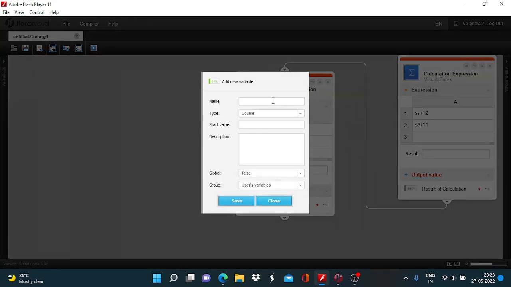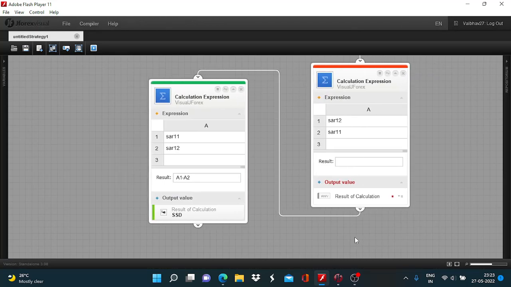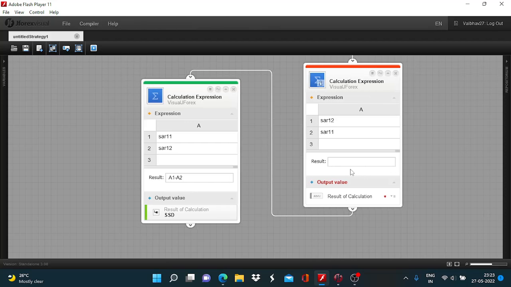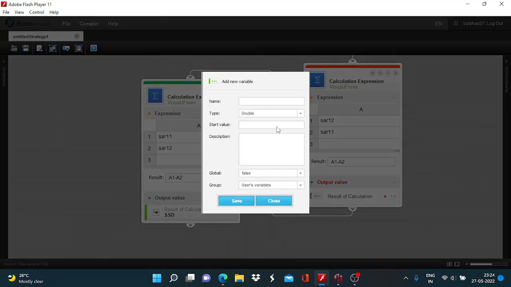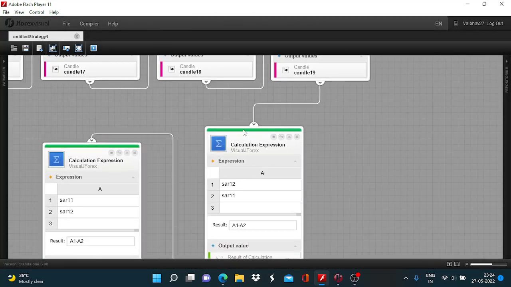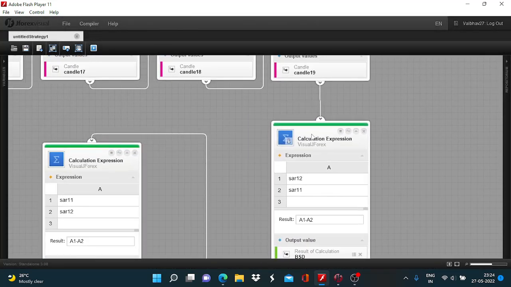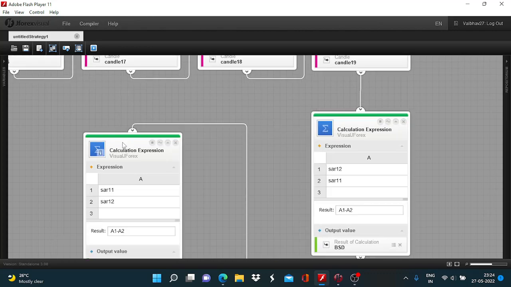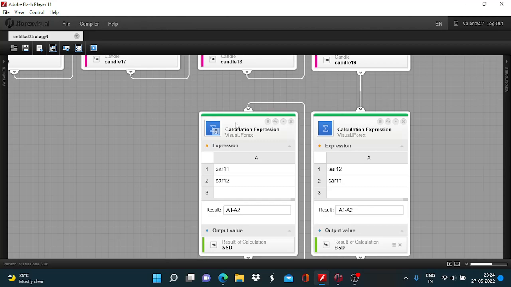This will be sell side difference, and this will be buy side difference. So again A1 minus A2, and then this newly created variable. All right. So we have these two newly created variables which will bring us the actual difference of the SAR output values.